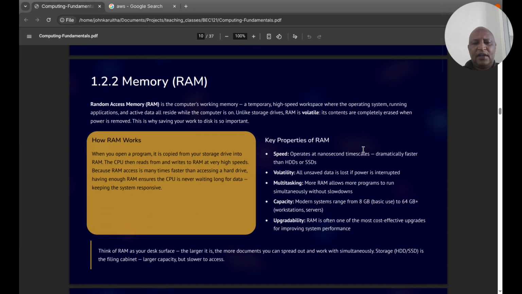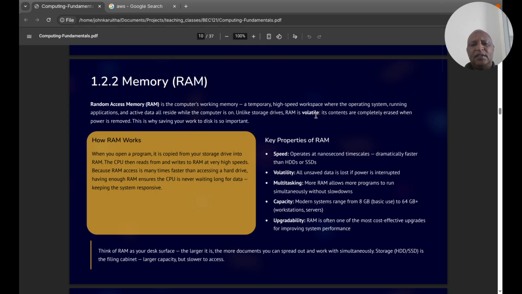We have the concept of RAM, which is what we call the working memory. In accounting, you looked at something that we call working capital. So RAM, which is what we call the random access memory, is a temporary high-speed workspace where the operating system, running applications, and active data all reside while the computer is on.